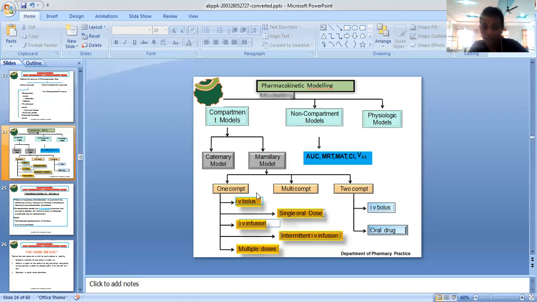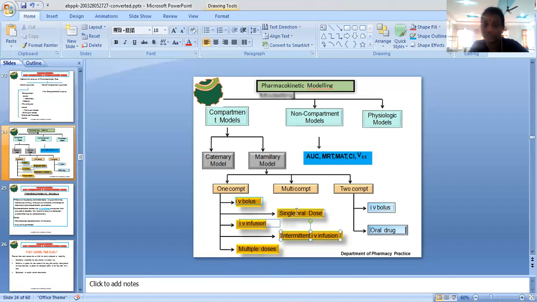Again, for the one compartment model, there will be IV bolus, single oral dose, IV infusion, intermittent IV infusion, and multiple doses. That means one compartment model followed by IV bolus administration, one compartment model followed by extravascular administration, one compartment model followed by IV infusion, intermittent IV infusion, and multiple dose regimen.